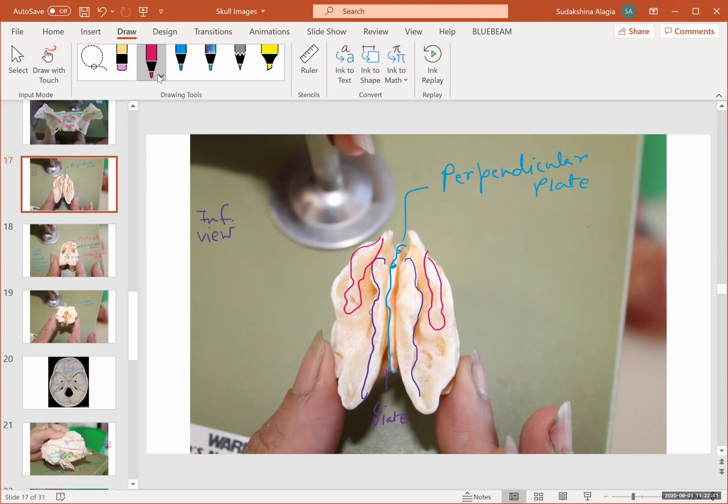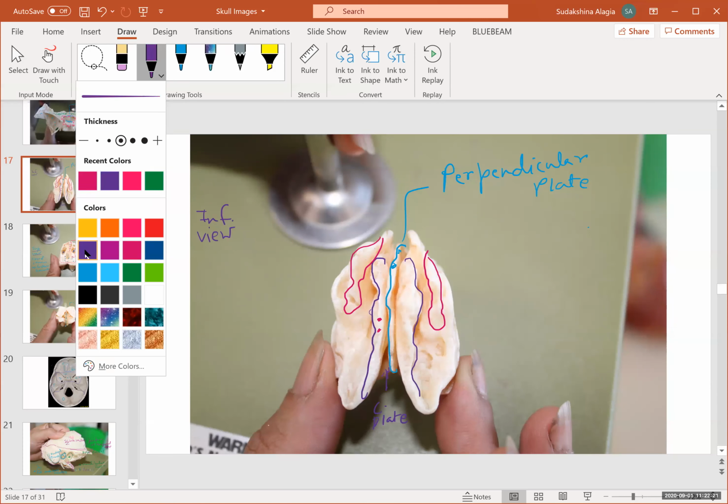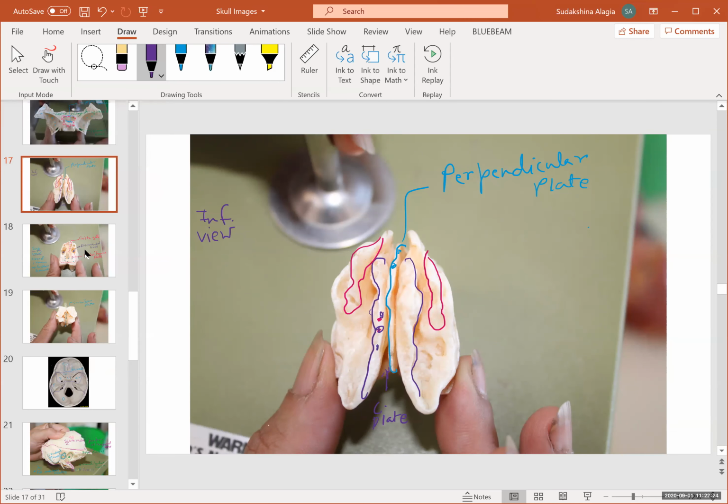So which one would be middle and which one would not be middle? Next to the perpendicular plate, these two are middle because they are toward the middle. Middle nasal concha. If you are referring to one, you call it concha, without the E. Together, conchae.